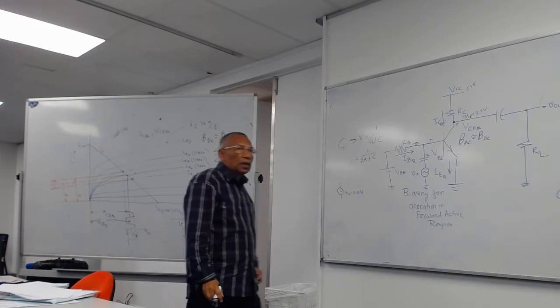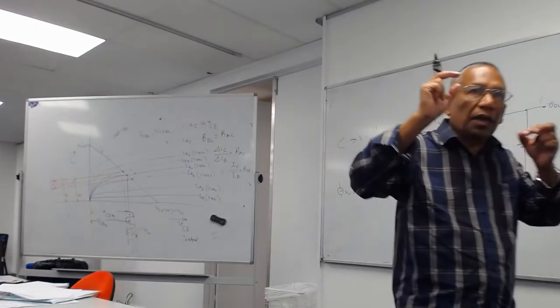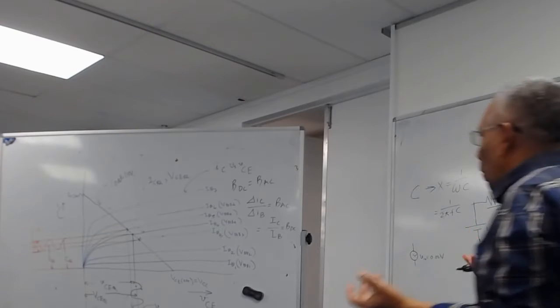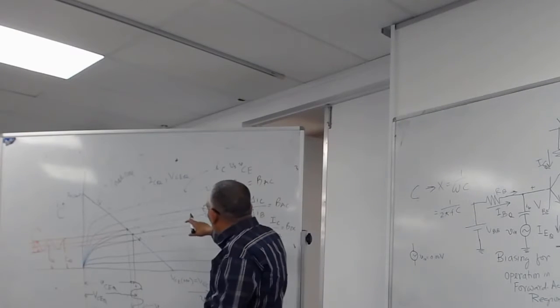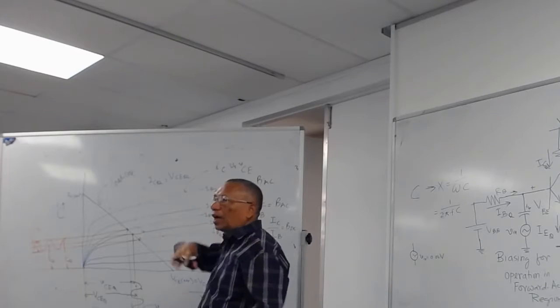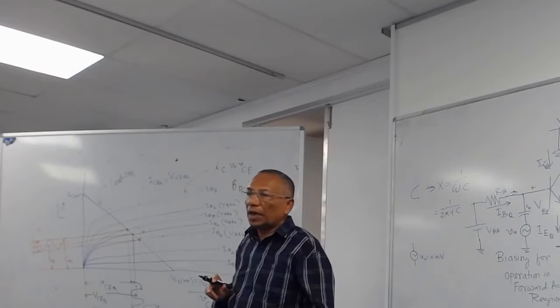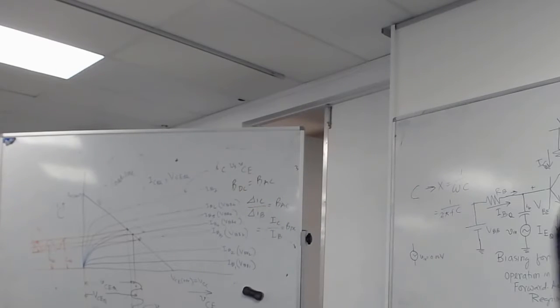The small change in the collector current in ratio with the small change in the base current, which we call beta AC, is equal to the large signal IC divided by large signal IB. In that case, we can also put a current source here for the AC model.